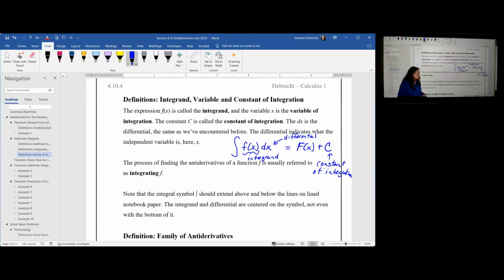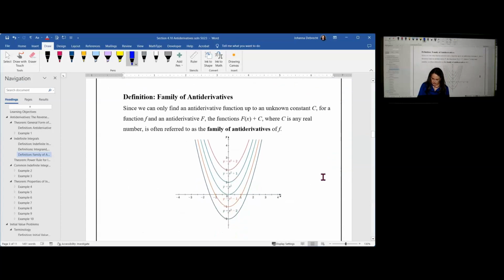Now let's talk a little bit more about this family of antiderivatives. Again, the family of antiderivatives is really representing the same graph, but simply peeled off and shifted up or down vertically.